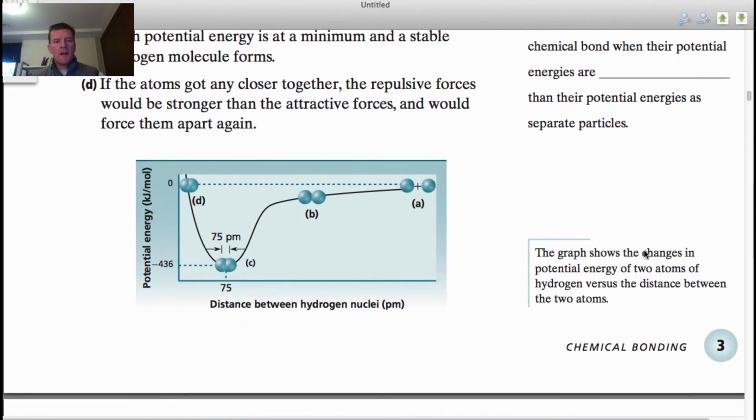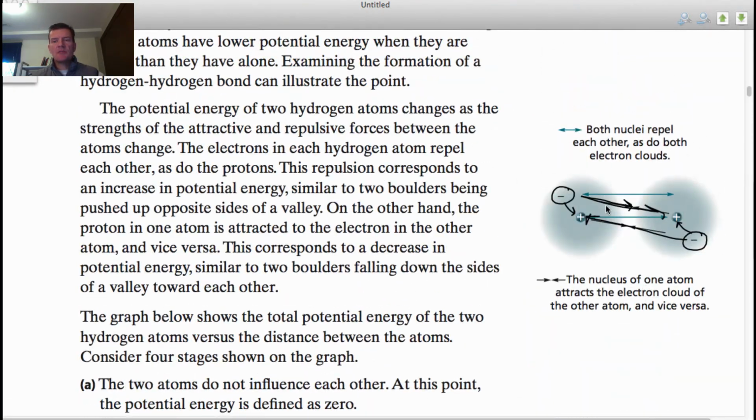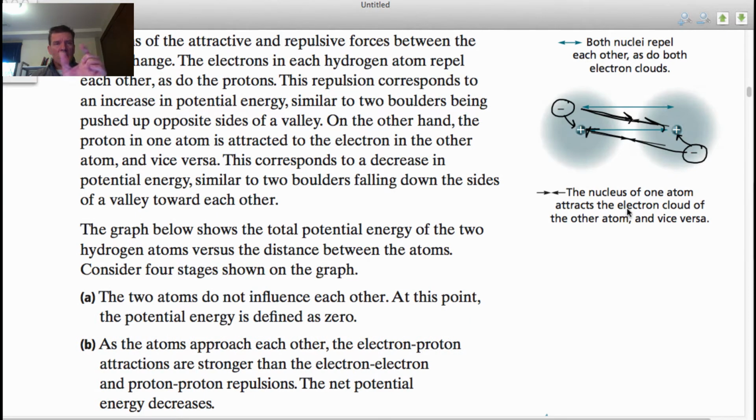Okay. Now I mentioned they have to get pretty close to each other in order for this to happen. Obviously, if the two atoms are far apart, there's not going to be enough attraction between the valence electrons and the protons. Okay, so there's a kind of a perfect distance where they need to be in order for the bond to happen. Otherwise, if they get too close, the positive protons in both nuclei are going to repel each other.